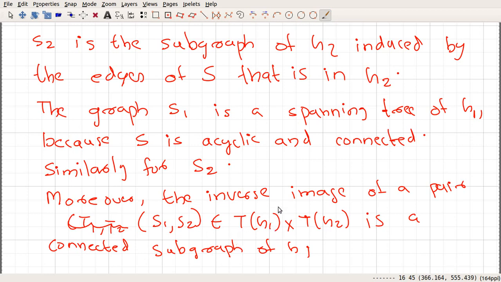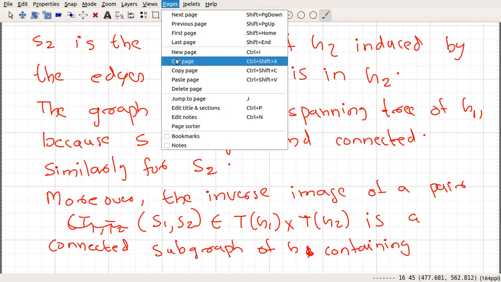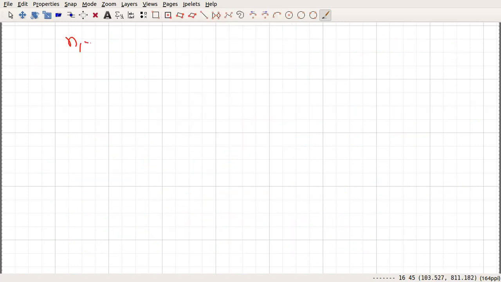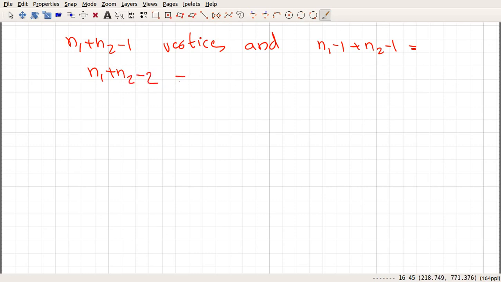Okay, so here we can see that this thing is a connected subgraph of G containing n1 plus n2 minus 1 vertices, and since both of them are spanning trees, they have n1 minus 1 plus n2 minus 1 edges, which is equal to n1 plus n2 minus 2, which can be written as n1 plus n2 minus 1, this quantity, minus 1.